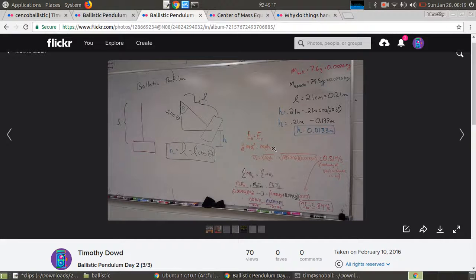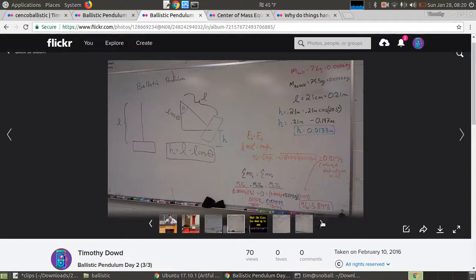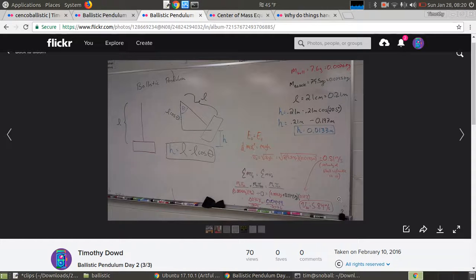I then do my quick conservation of energy calculation. I figure out how fast the block was moving before it started to rise, which I then scooch in as the final velocity for a momentum problem involving the ball hitting the block and combining with it. So I end up with a final velocity of the ball as 5.84 meters per second.